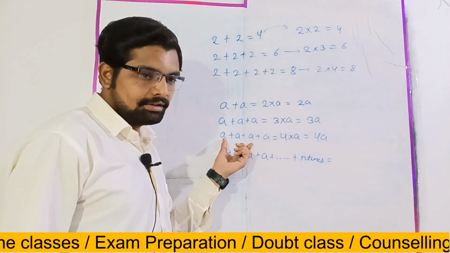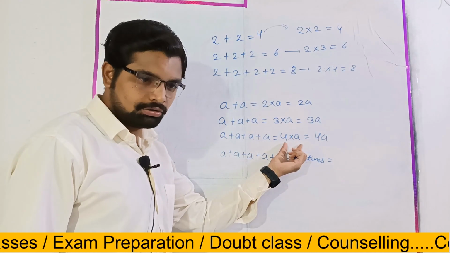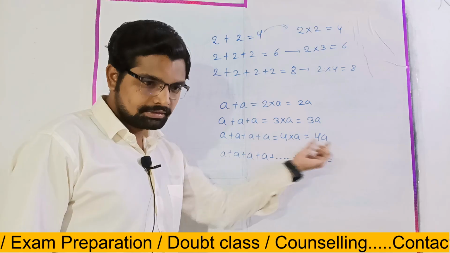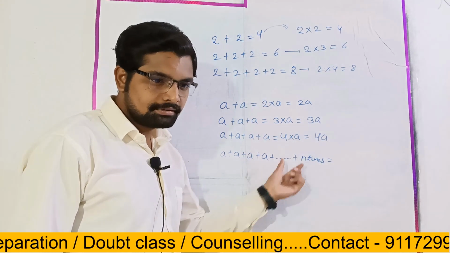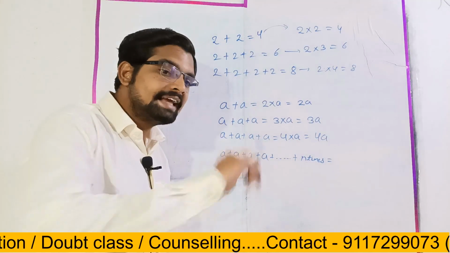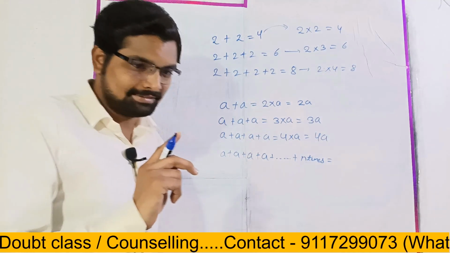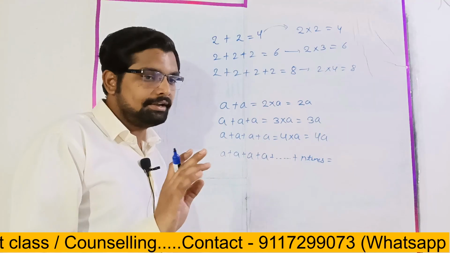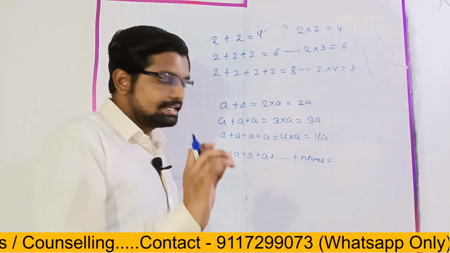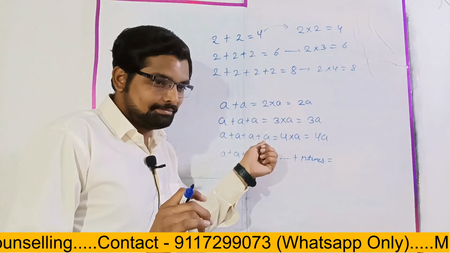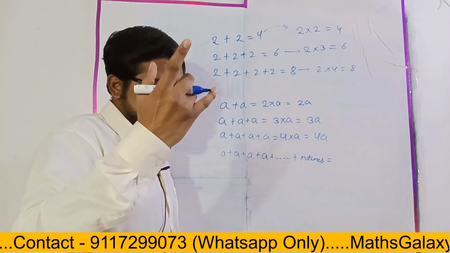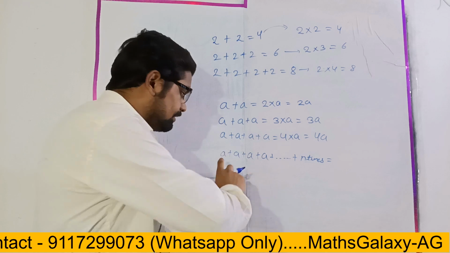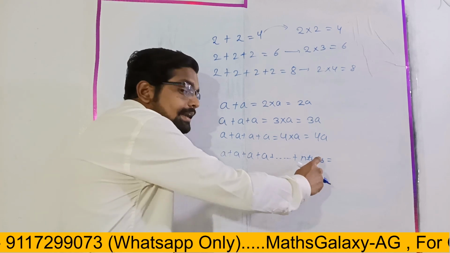When we add a 4 times, it will be 4 into a, means 4a, right? Now a is added n times. It would be n times a, not a times n, no, it's wrong. It is n times a. A times n and n times n, both are different, okay? So here a is n times.